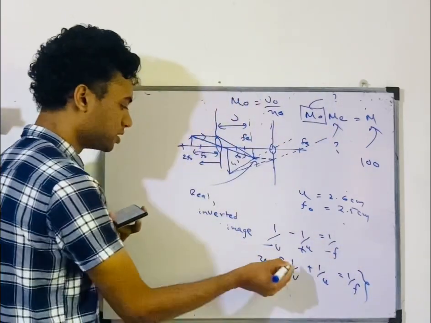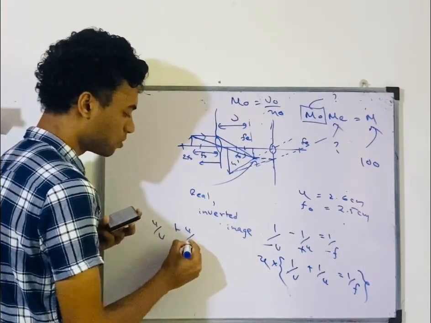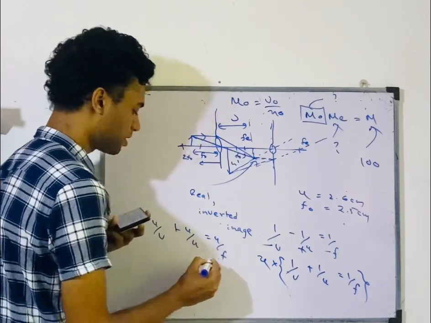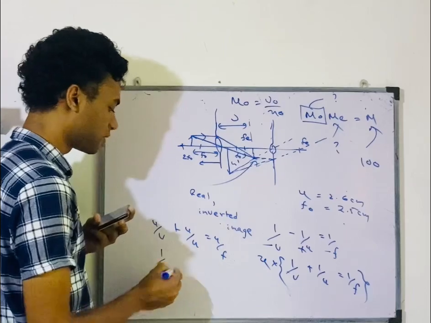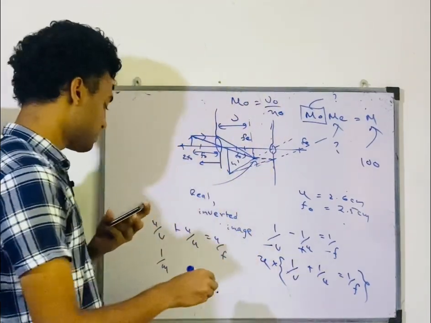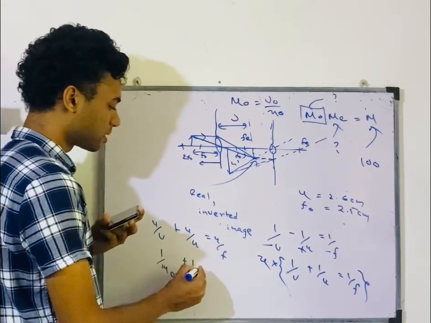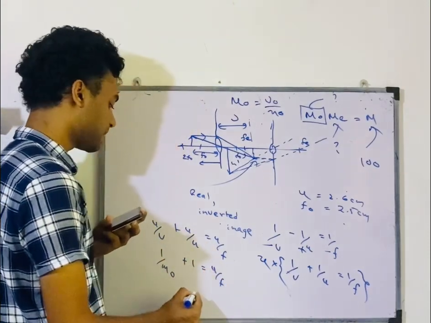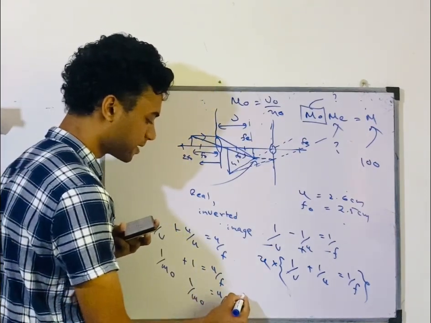What happens then? I get u over v plus u over u is equal to u over f. U over u is 1, u over v is 1 over magnification, because v over u means magnification. Then u over v means 1 over magnification of the objective, plus 1 should be equal to u over f. Then I get 1 over m naught is equal to u over f minus 1.